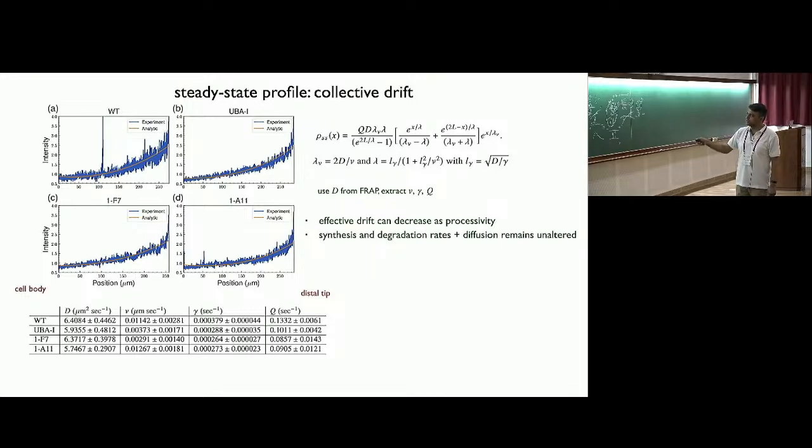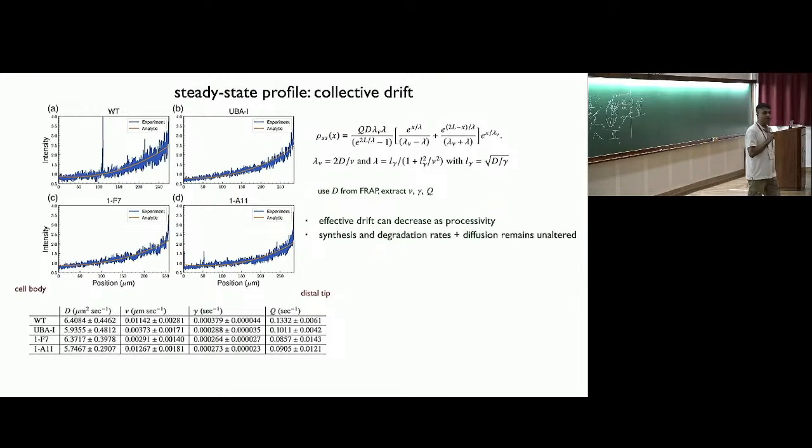I said that the inverse of the degradation rate, the time scale, is too long, several hours, so don't worry about these numbers. We just kept it for its sake. The diffusivity is almost unchanged between all the mutants. If you look at velocity, you see that in two mutants, velocity goes down by one order of magnitude.